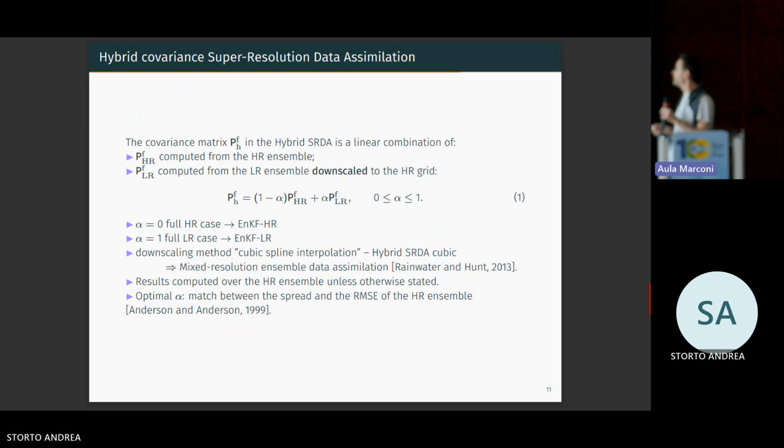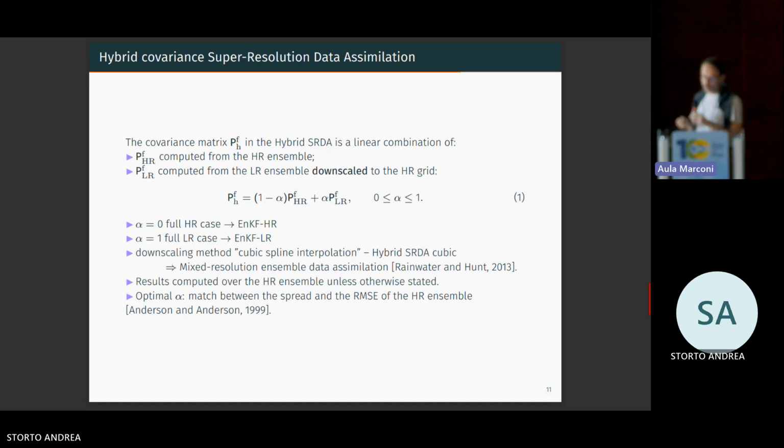In the case where the downscaling method is the cubic spline interpolation method, we call this case hybrid SRDA cubic. This is strictly equivalent to the mixed resolution ensemble data assimilation method introduced by Rainwater and Hunt in their paper of 2013.